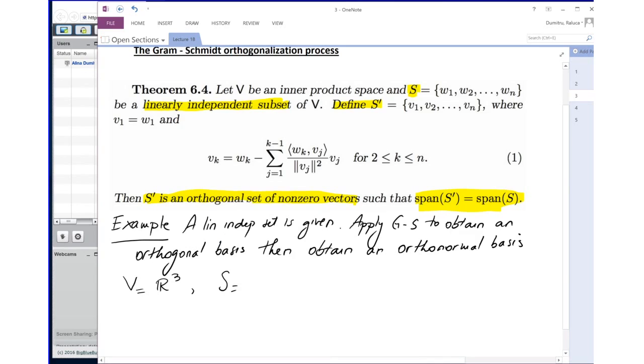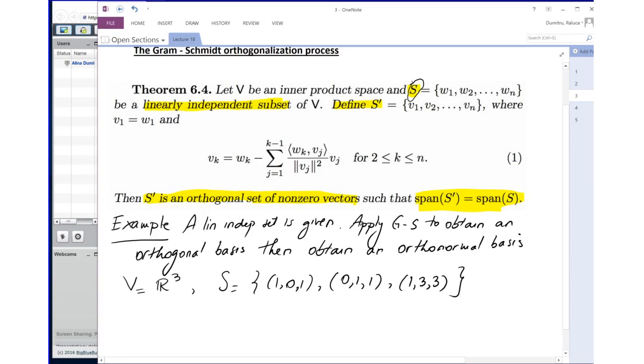And the set is (1, 0, 1), (0, 1, 1), and (1, 3, 3). So this is the set S that we start with.